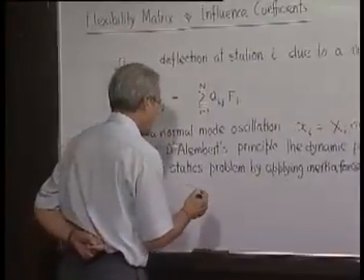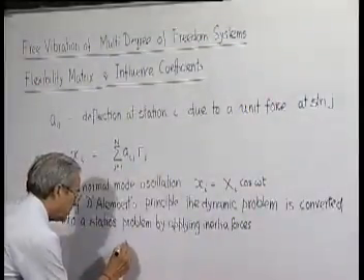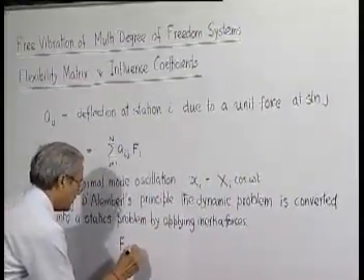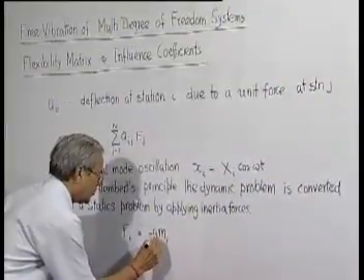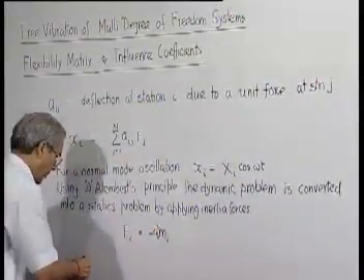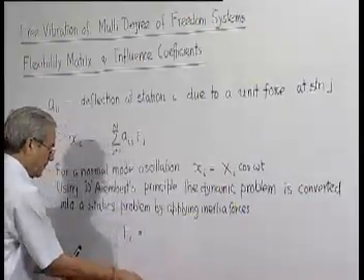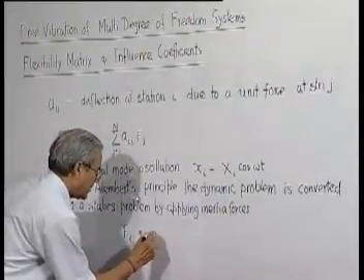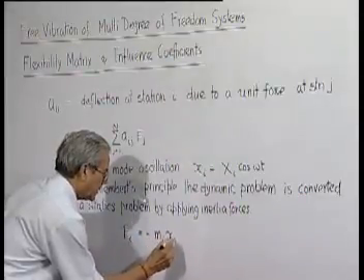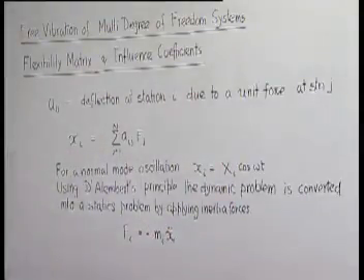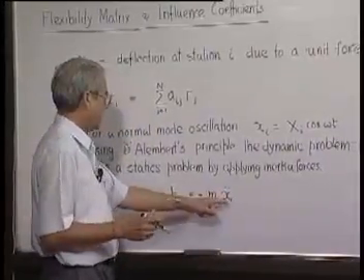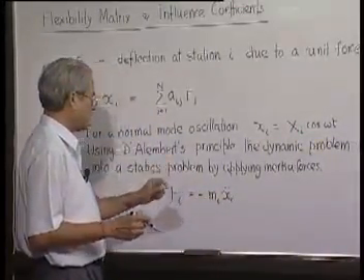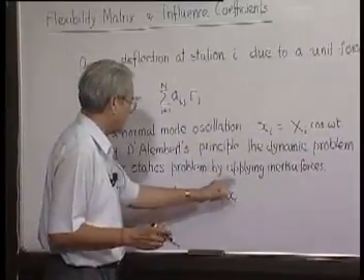At the ith station, the inertia force will be minus Mi Xi double dot. That means at any instant we can use the acceleration of that station multiplied by the mass of the station, and negative of that, as the inertia force.